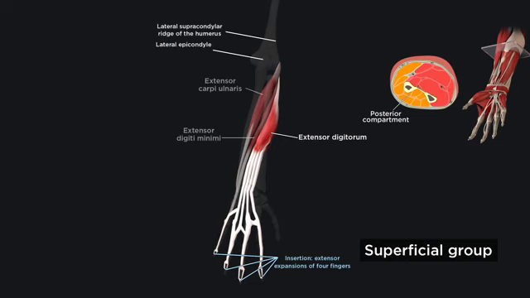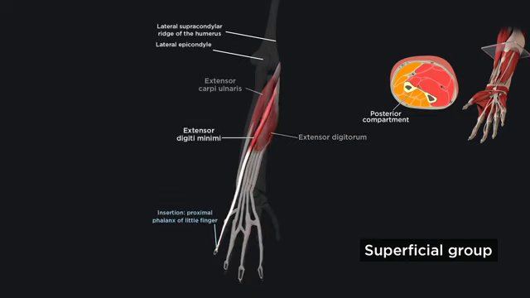Often its tendons have connections between them on the dorsum of the hand. But the little finger has an additional tendon from a small muscle called extensor digiti minimi that passes from the common extensor origin of the lateral epicondyle down to the proximal phalanx of the pinky finger to extend it.